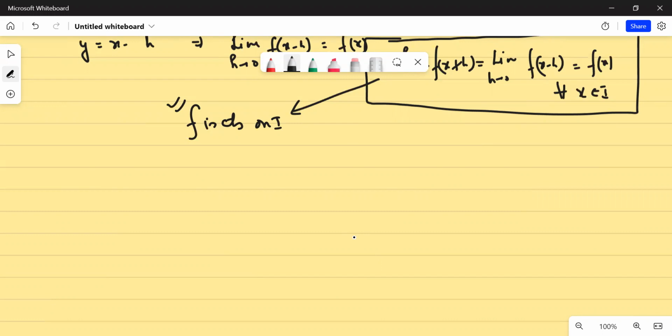Now if you have a real valued function, this is something you'll study in greater detail later under the heading called the extreme value theorem. Right now I'm just giving you a statement, so I'll write important points you should remember for continuous functions.